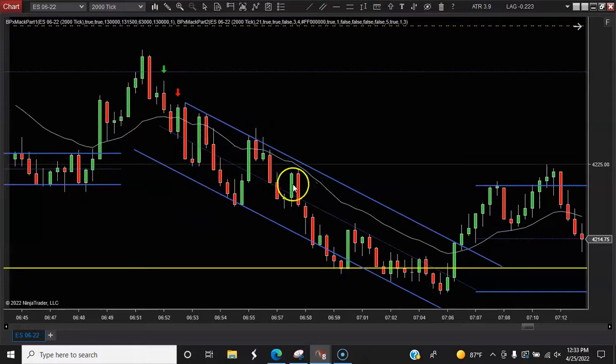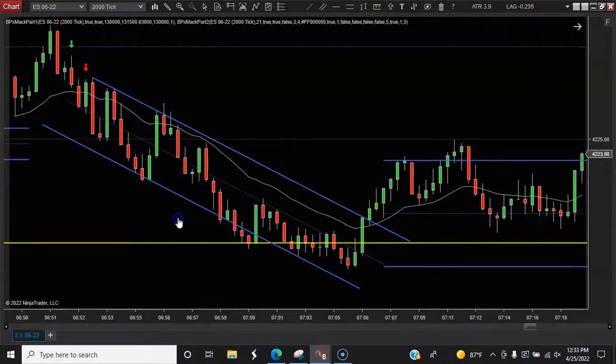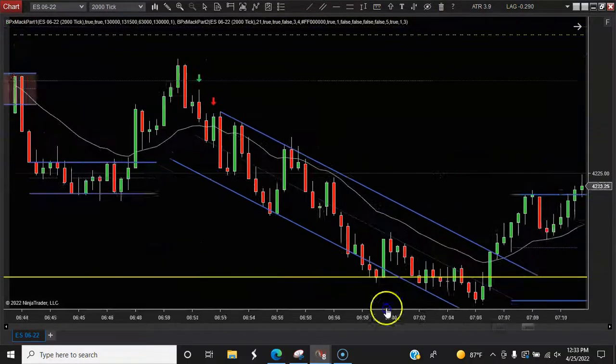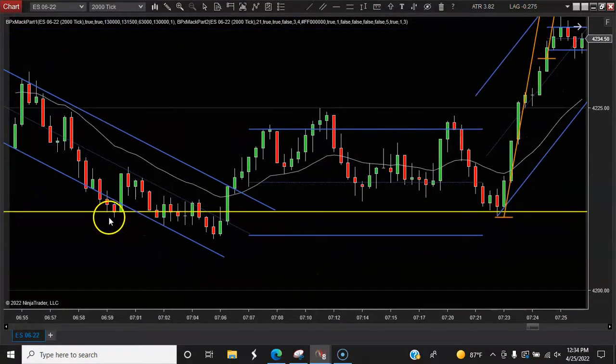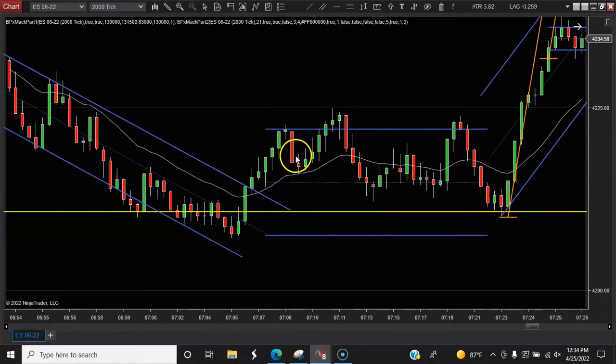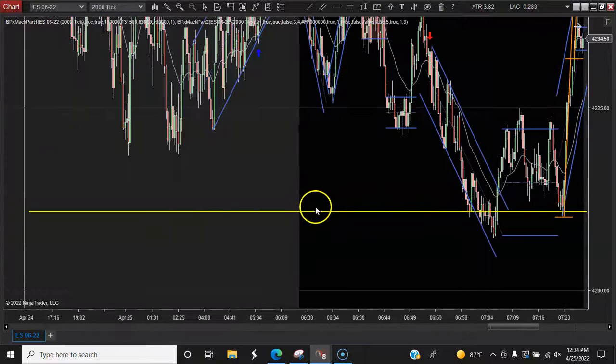And then we continued to get some lower highs. No second entries, though. I viewed this as a spike in channel, kind of. We get a break, some congestion, and then this is a higher low.